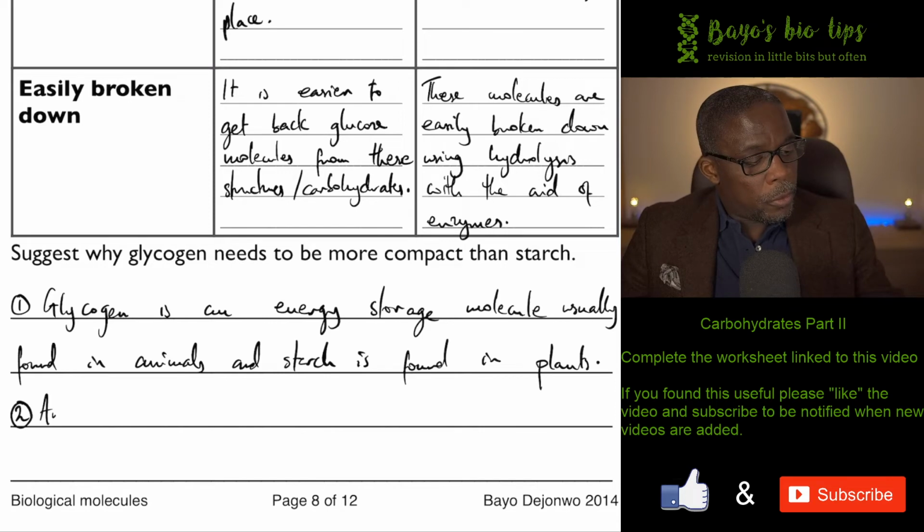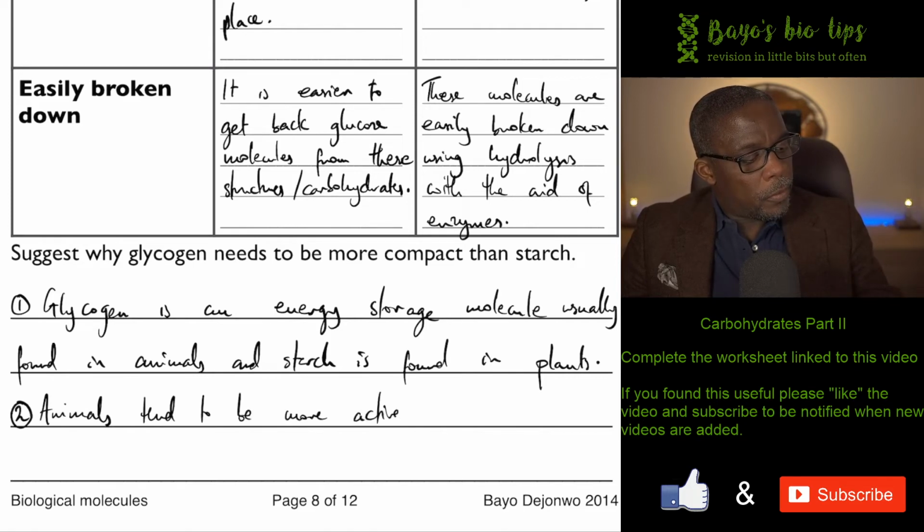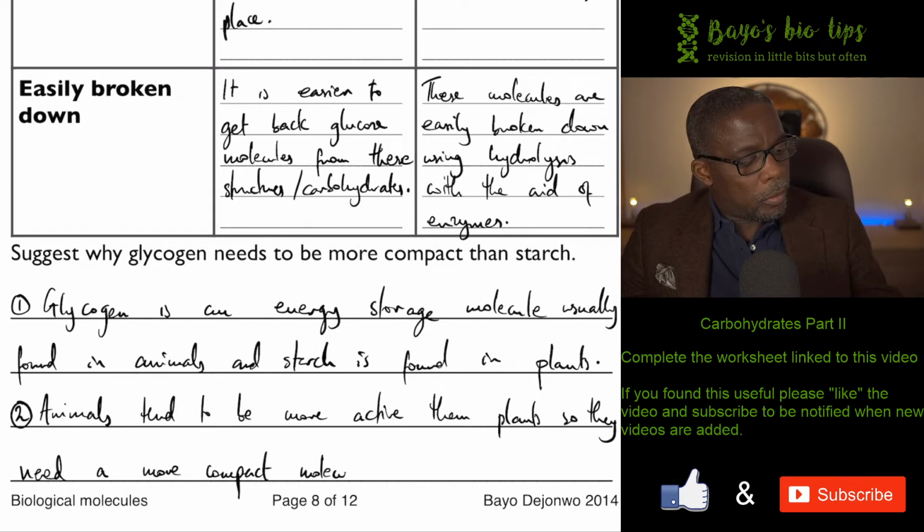So animals tend to be more active than plants, so they need a more compact molecule to store more glucose.